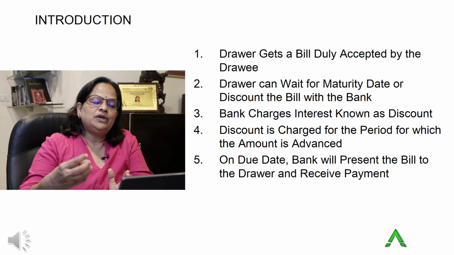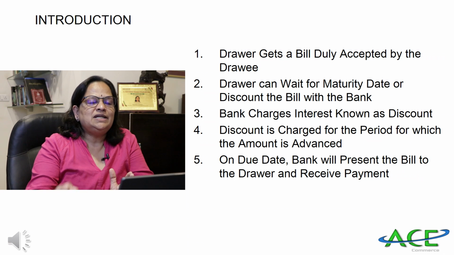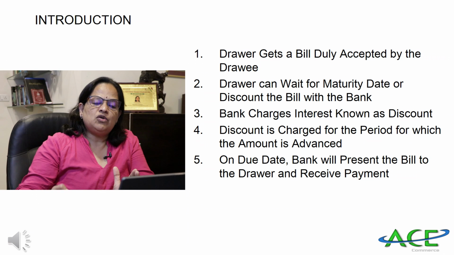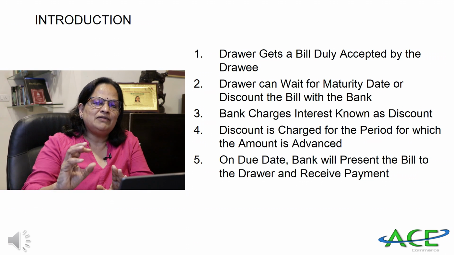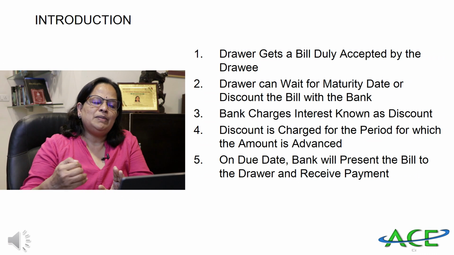So what he will do, he will discount it with the bank. So bank will charge a nominal amount as discount and the remaining amount Ram can collect. So discount is charged for the period for which amount is advanced. So for 3 months, the bank will have the calculation, how much discount. So that amount they will take and the remaining amount will be paid to Ram.